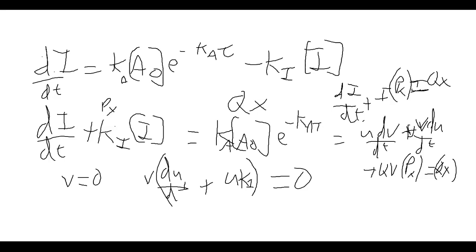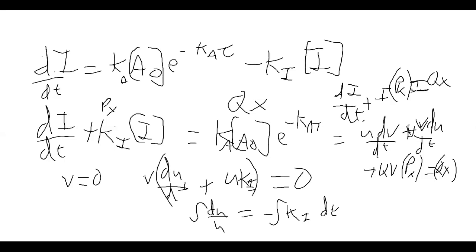So that means that the integral of du over u equals the integral of negative ki dt. So if that's ki, we divide both sides by v.